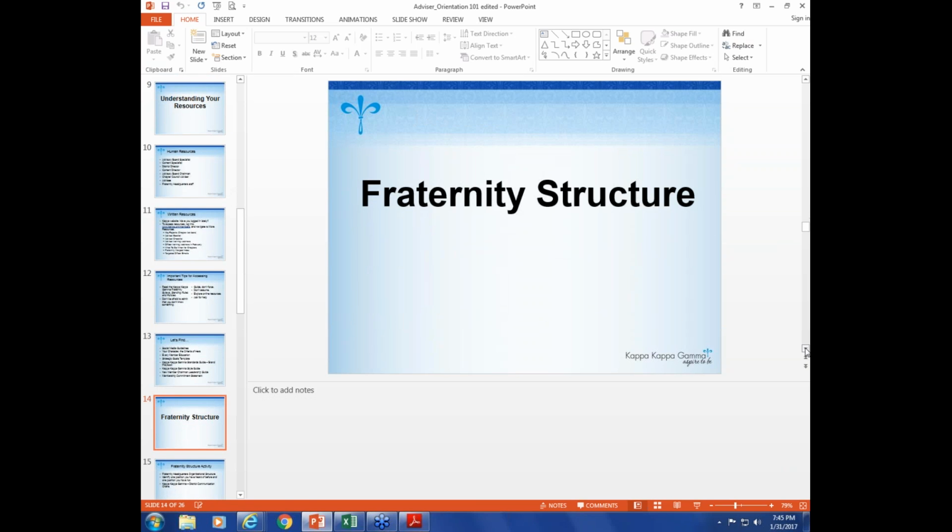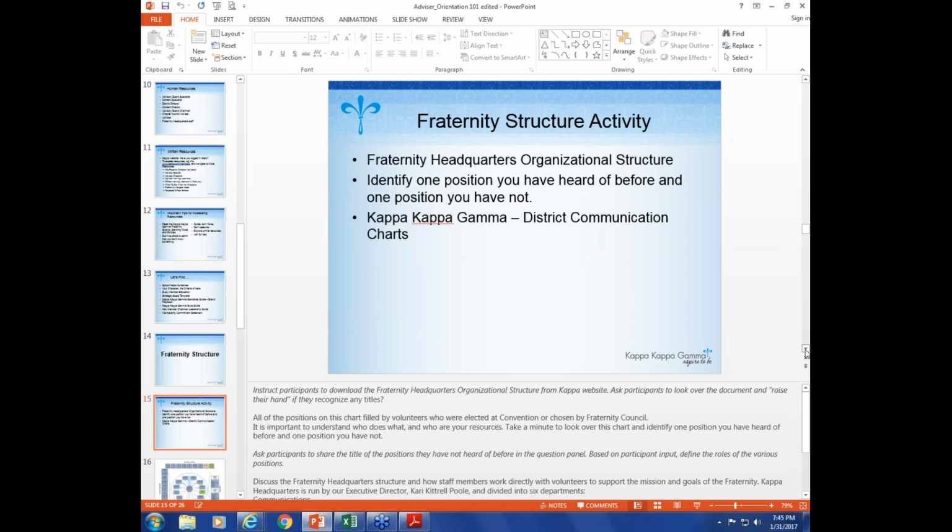Okay, let's look a little bit at this fraternity structure. We've been talking about it a little bit, so you might not have heard about some of these other things. After a 2-year task force study and recommendation, we adopted this new structure at convention last summer.